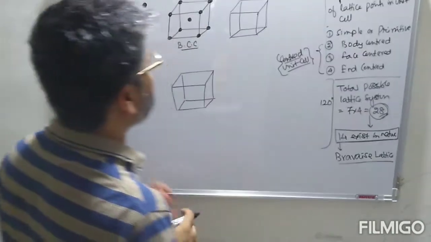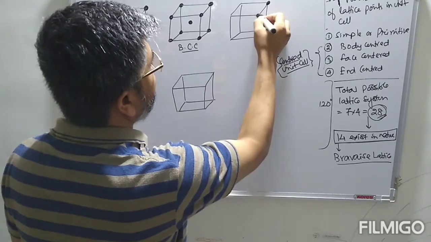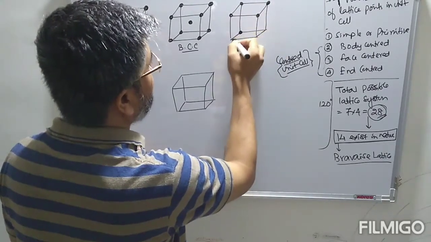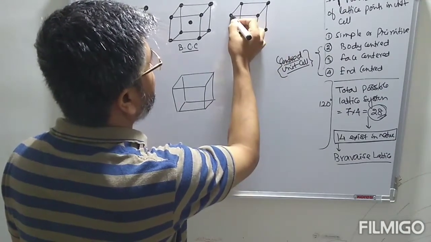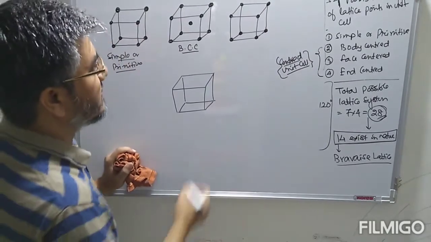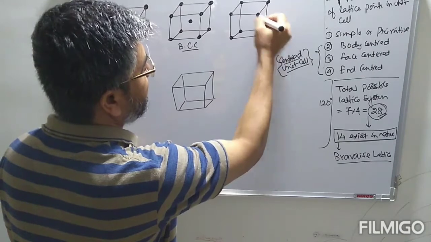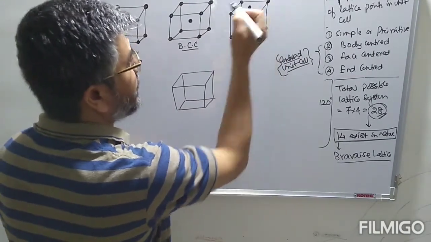Then we have face center. In case of face center, lattice points are again at the corners of the cube. Along with these corners, there is also a lattice point at the center of each face. The center of the top face, we have a lattice point.